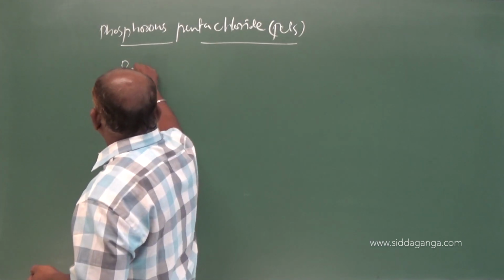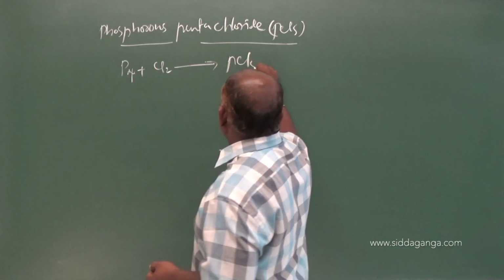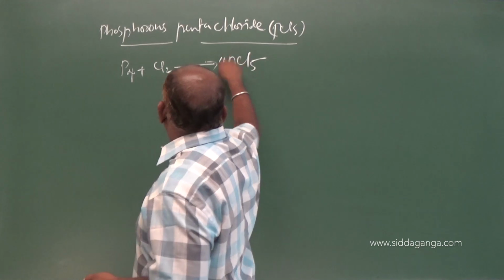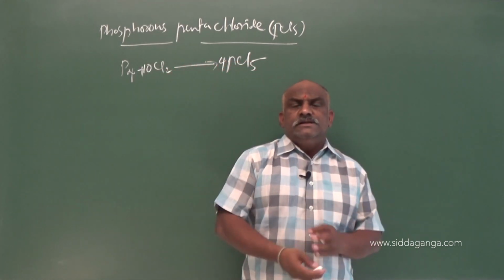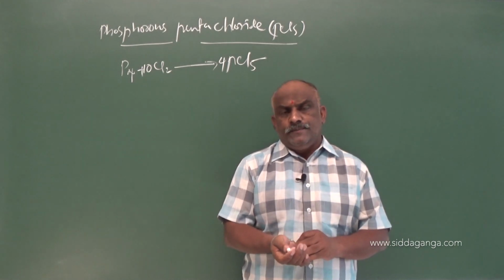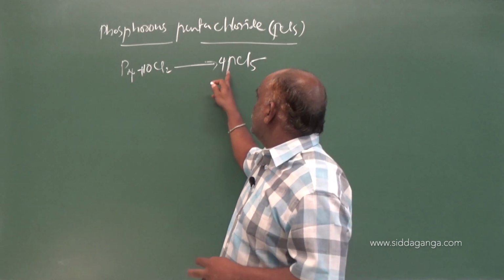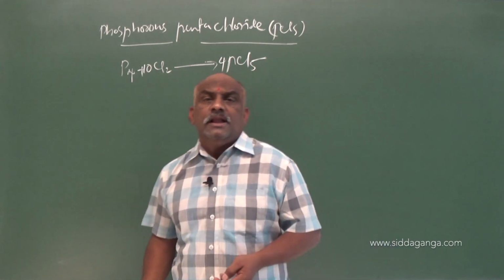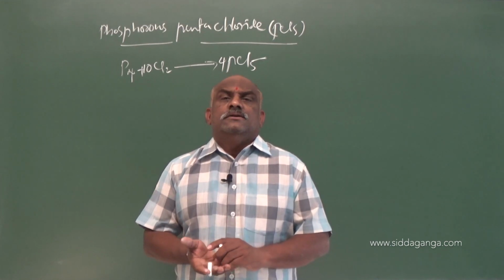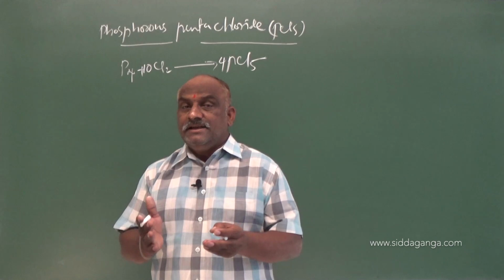We know this. P4 plus excess Cl2 gives rise to PCl5: P4 plus 10 Cl2 gives 4 PCl5. Phosphorus is treated with chlorine to give rise to phosphorus pentachloride. Already in the last class, we discussed the preparation of PCl3.